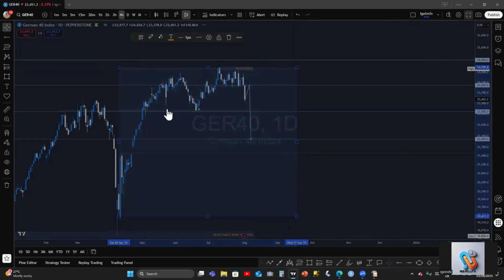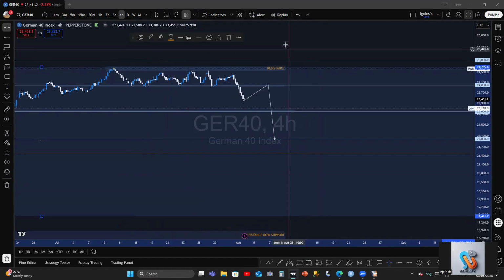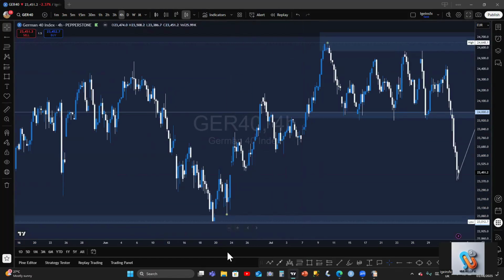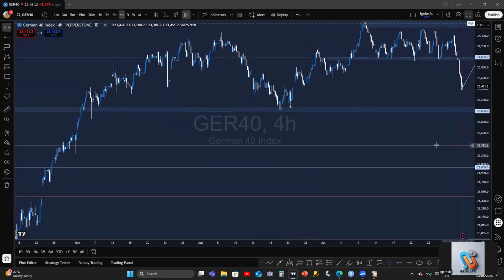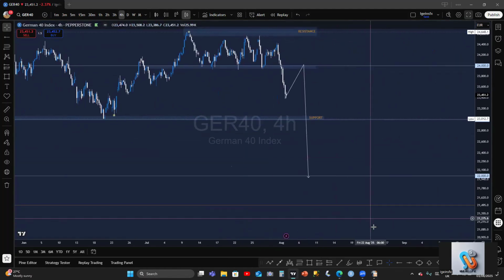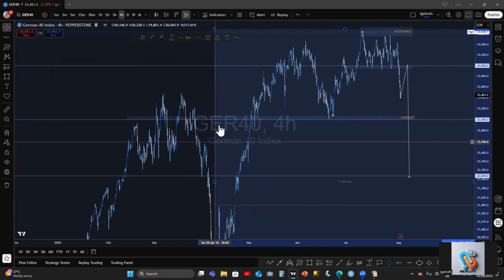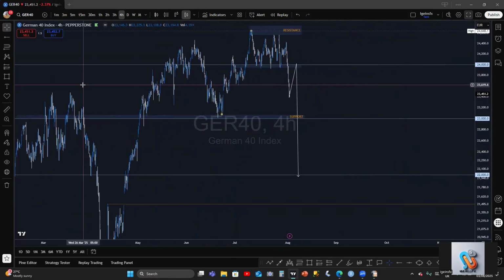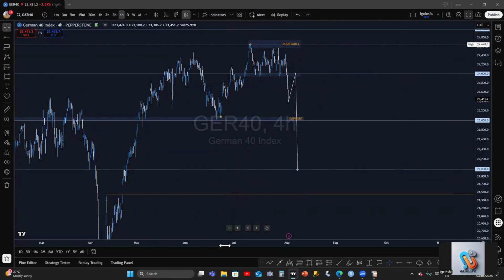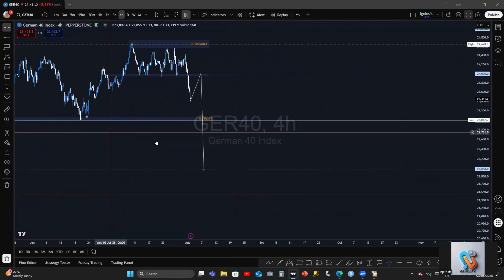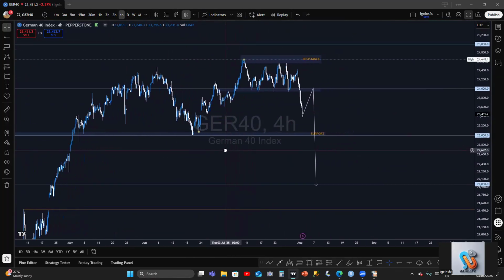So we are bullish, so we scale down to 4 hours. Let's see the opportunity that we have.